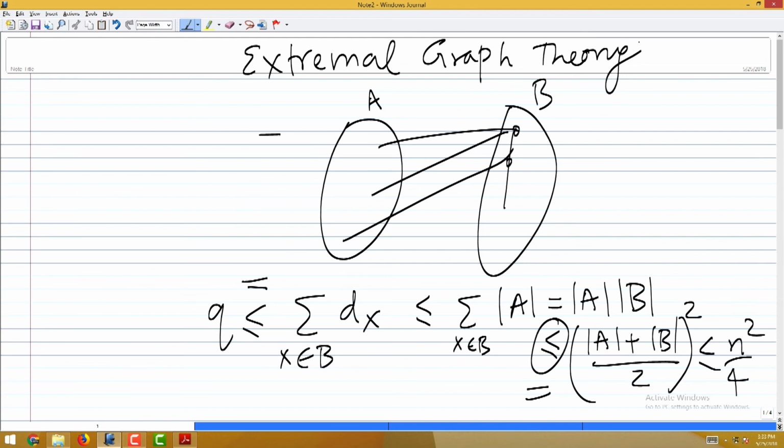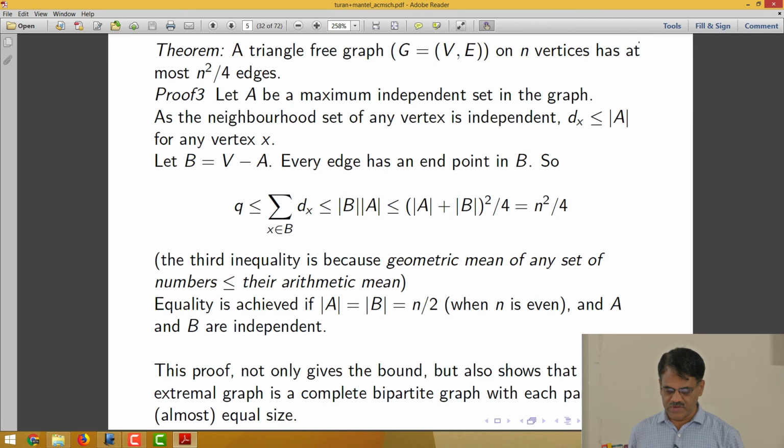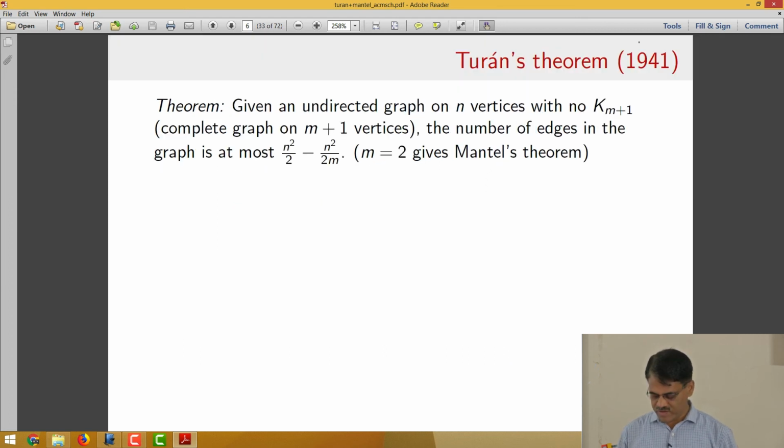And so this proof not only gives a bound, but also shows that the extremal graph is a complete bipartite graph with each part having almost equal size. Okay, almost, because n may not be even, right? So, you can't say n by 2, n by 2. So, just the difference of at most 1. Okay, good. That's a set of proofs for Mantel's theorem.